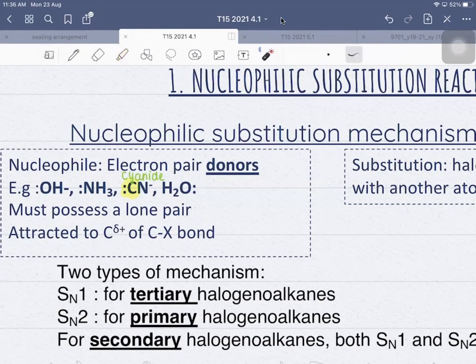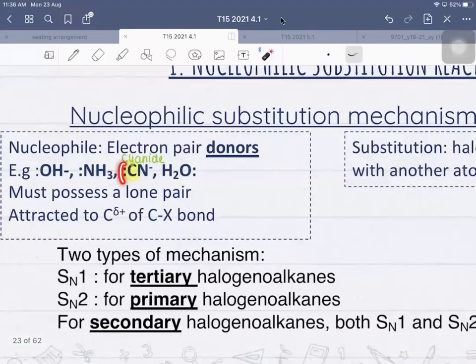Why is it important to locate the lone pair of electrons? Because whoever owns the lone pair of electrons, when it donates, that is the point of attachment when you are making a new bond. So if carbon is donating the electrons, the new bond will be formed with carbon, not with nitrogen.